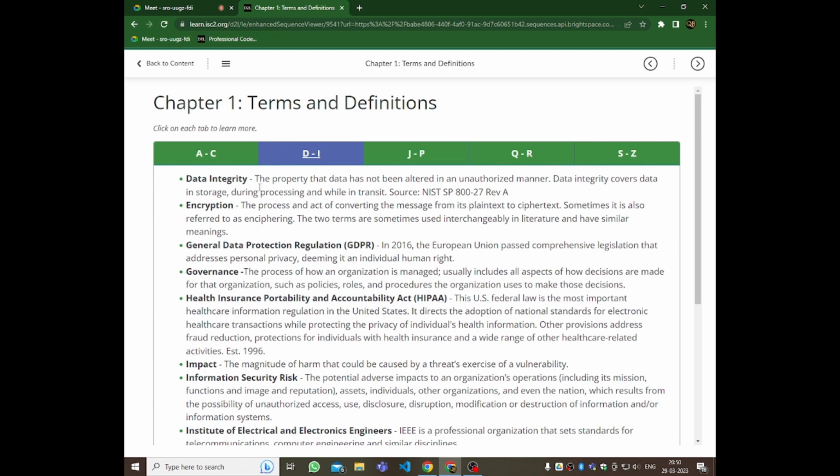Data integrity: the property that data has not been altered in an unauthorized manner. Data integrity covers data in storage, during processing, and while in transit.